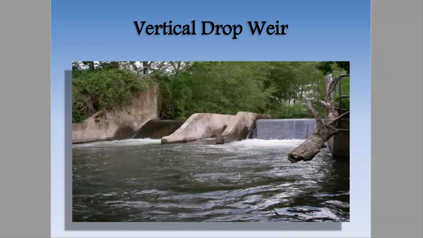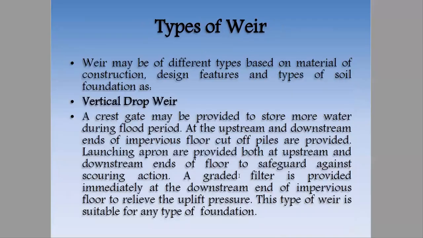Now you are well aware of vertical drop weir. You have to keep a few features in mind: we provide gates for excess disposal of water. We provide cut-off piles at both sides, upstream and downstream. We provide graded filters for relieving the uplift pressure.